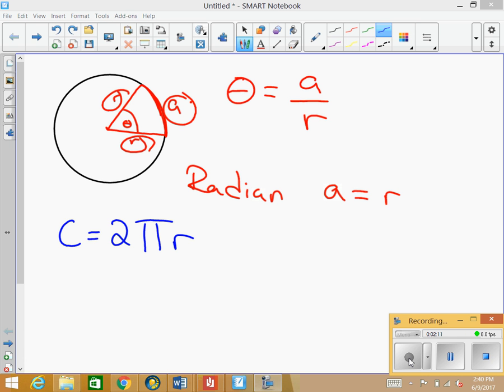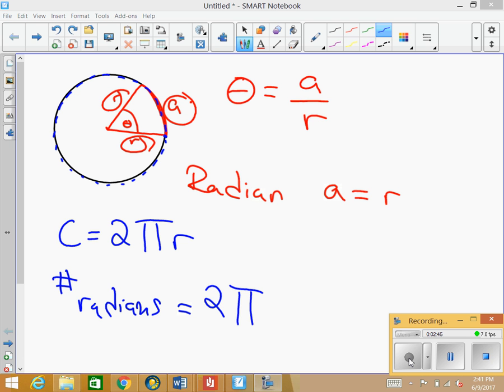So if we think about that, the number of radians in the full circle, if I go all the way around my circle, is going to be equal to 2 pi. So the number of radians, or theta, if the arc length is 2 pi, is going to be 2 pi over r, or 2 pi radians.